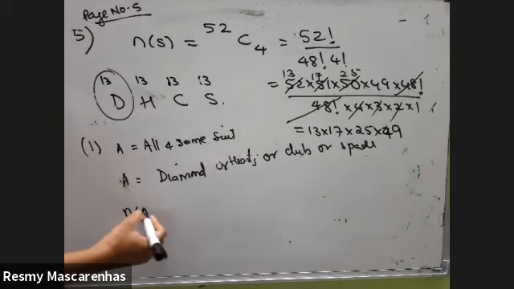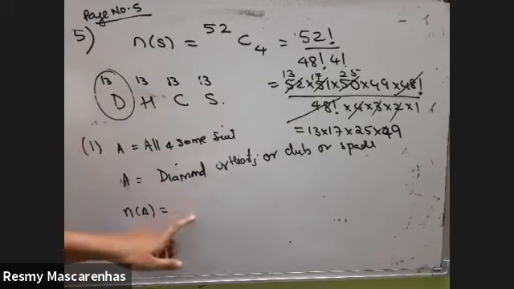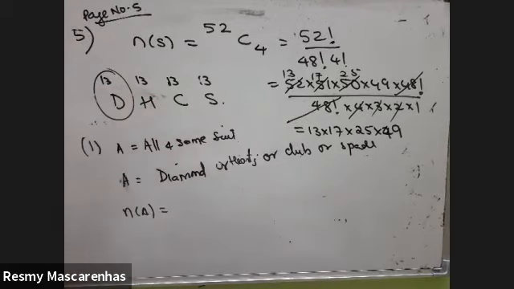If you don't want to waste time, straight away you can write this as P of A and then divide by the sample space, or we can do it before.